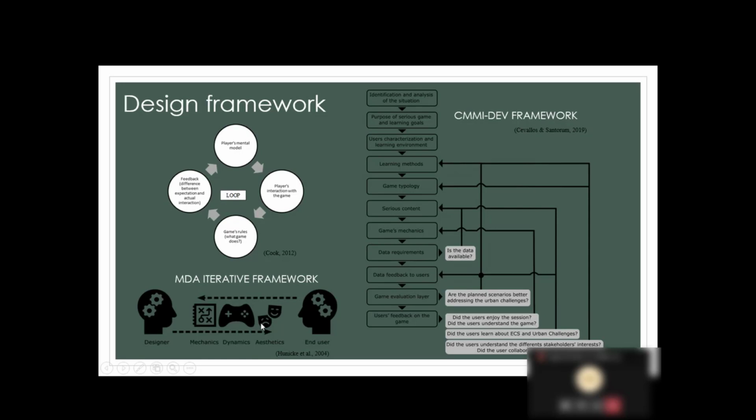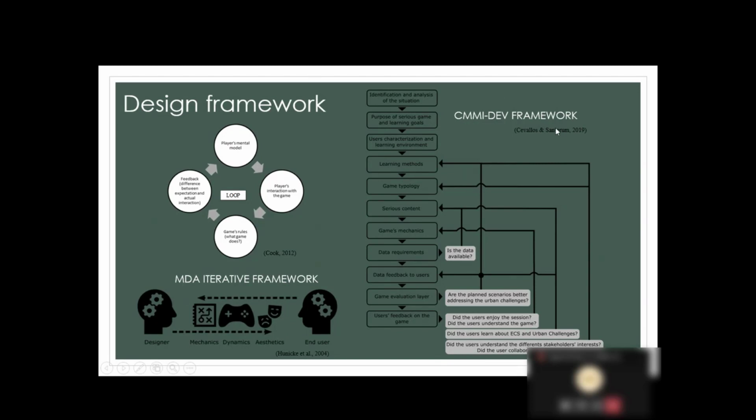And finally, the aesthetics is the perception of the player regarding the game. So I think this bidirectional perspective is interesting to design, because after each game session, you can evaluate the aesthetics and redesign the mechanics to fulfill the expectations of the users.